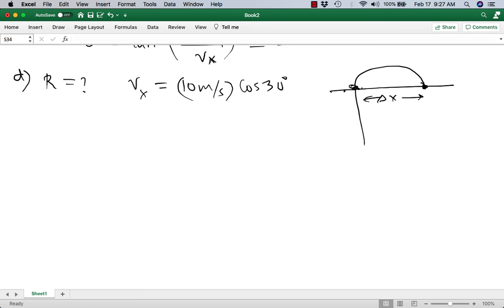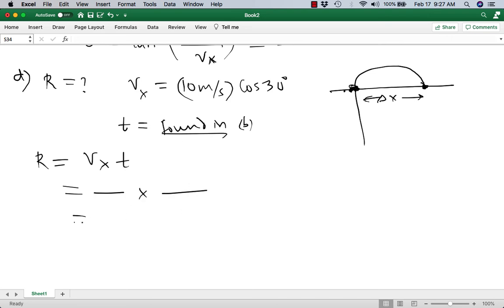And we also know the time it takes to get from this point to that point, which we already found in part B. So range is vx times t. So plug in vx and plug in t from here and then get r.